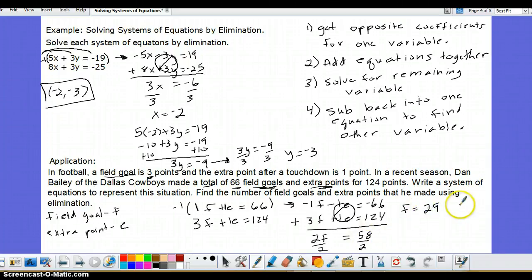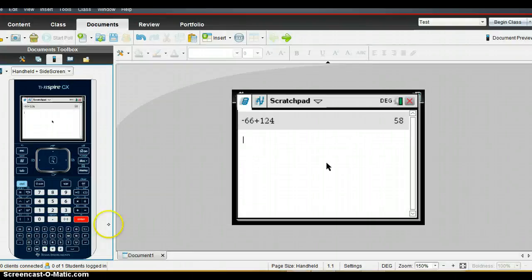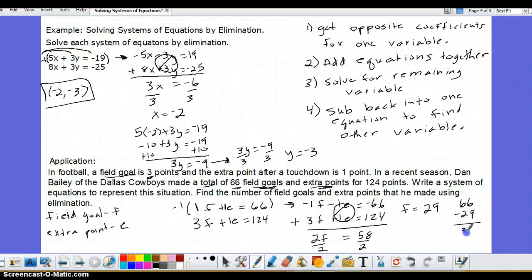He made 66 field goals and extra points total, so if I take 66 minus 29, that gives me 37 extra points. So E is equal to 37. There are your solutions: 29 field goals, 37 extra points.